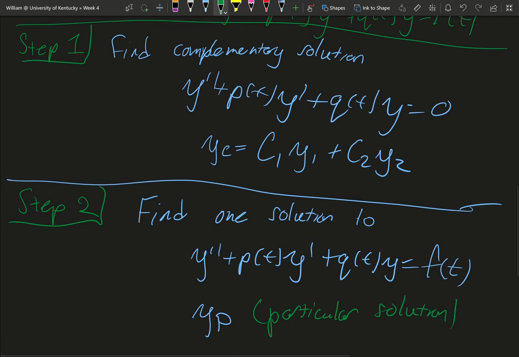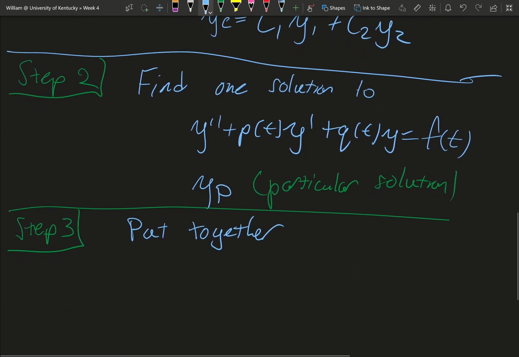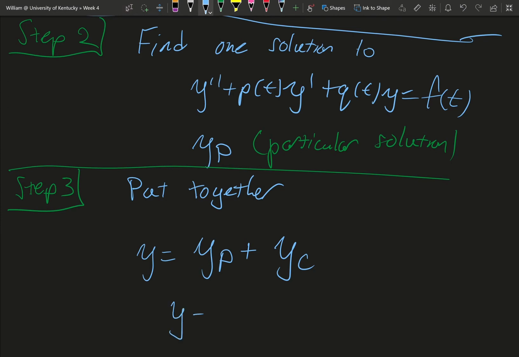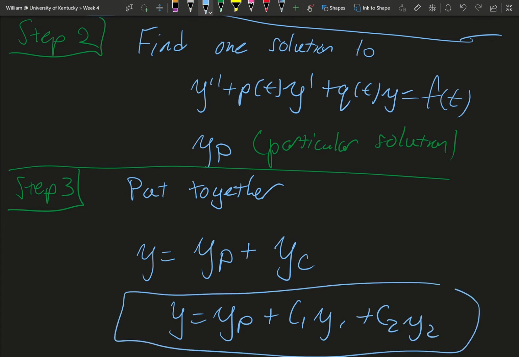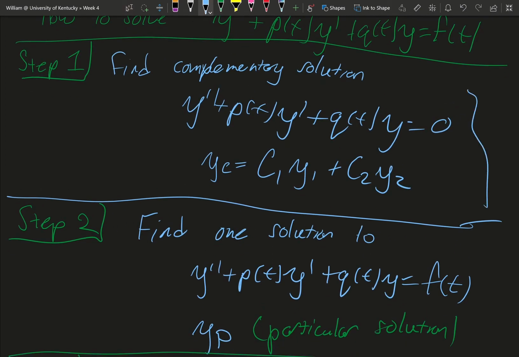And step 3 is just put it all together. Okay, so this step we sort of know how to do.